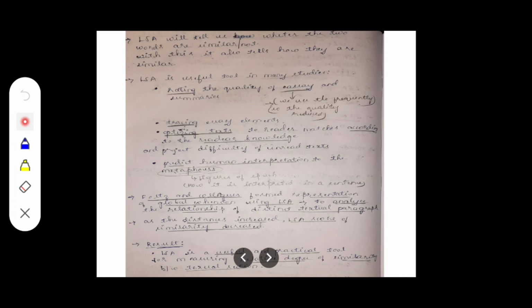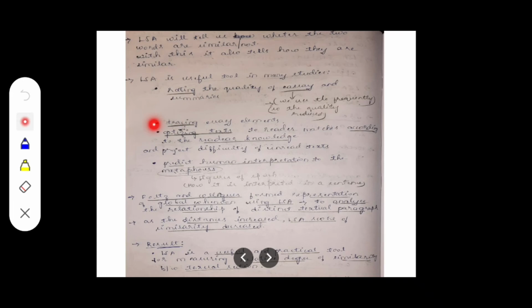The second application is tracing. Tracing the essay elements: how many times the elements occurred, or how many times words of similarity or degree of similarity appear, to know that we are going to trace the essay.